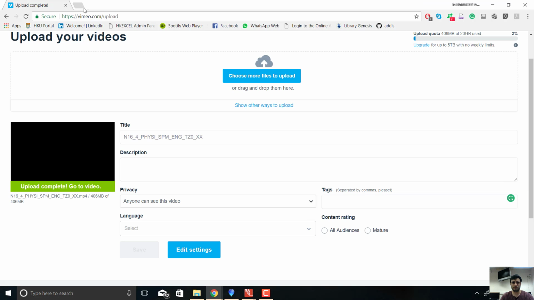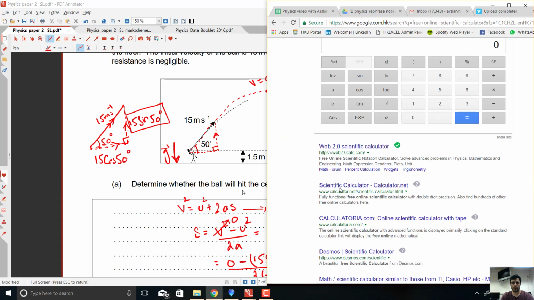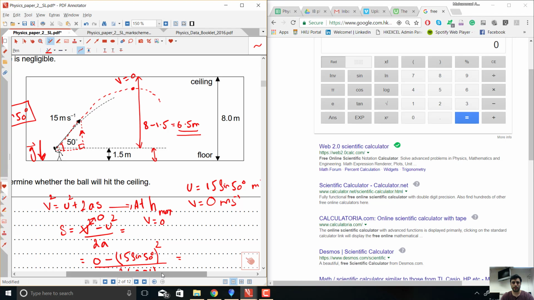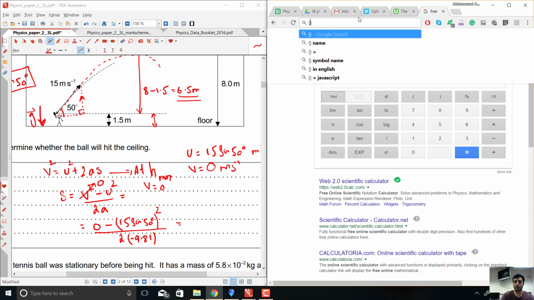So if we hit the calculator, it will be 15 times sine of 50, and then we take the square, and bracket close, divided by.